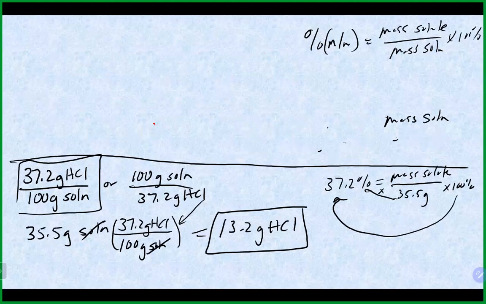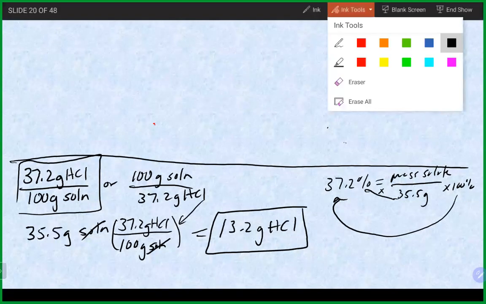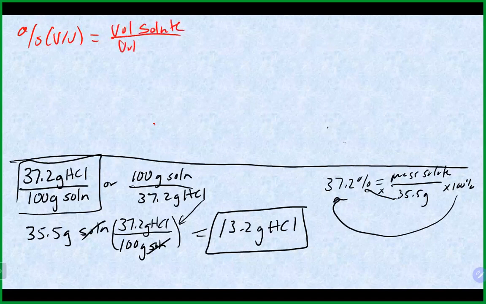A couple of other percent concentrations in addition to percent by mass is percent by volume, which is percent volume to volume. And that is the volume of solute divided by the volume of solution times 100%. That's like percent by volume alcohol. So that's basically what percent volume is.